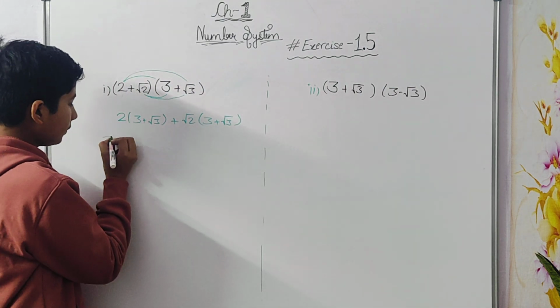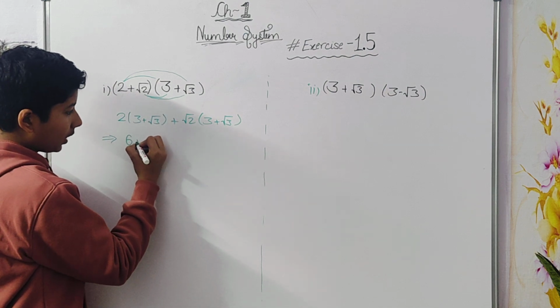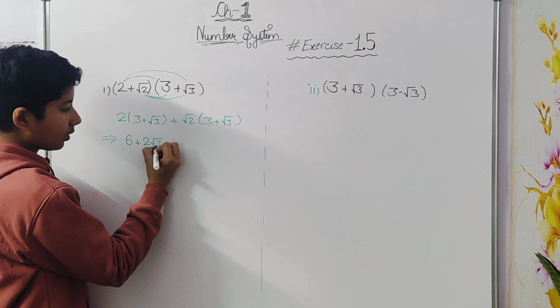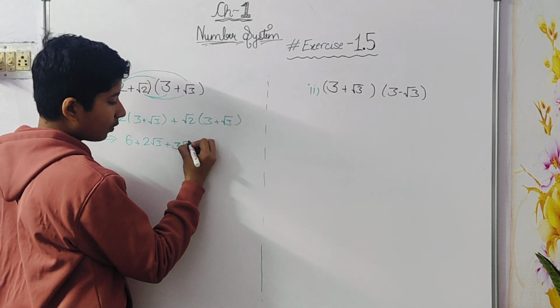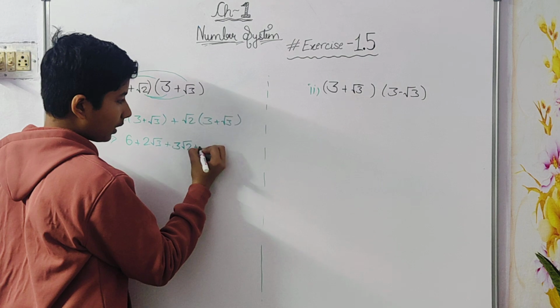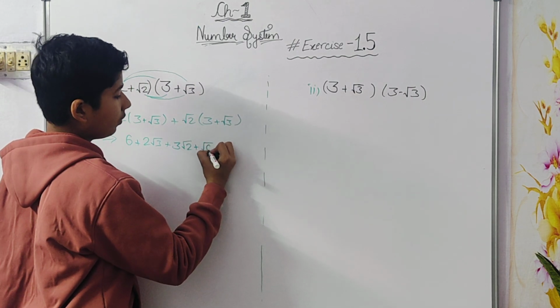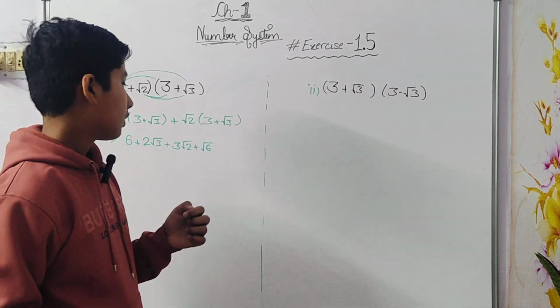Okay, now 2 into 3 is 6, plus 2 into root 3 is 2 root 3, plus root 2 into 3 is 3 root 2, and at last once more plus root 2 into root 3, root 6. This will be our last answer.